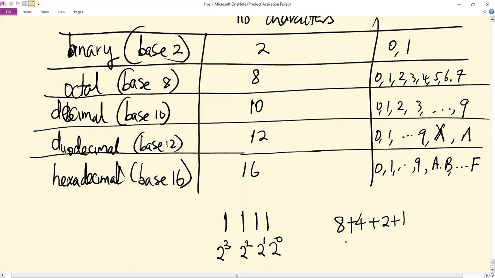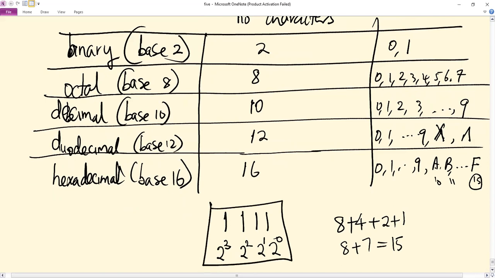So this gives us 8 plus 4 plus 2 plus 1, which is 15. And in hexadecimal, A represents 10, B represents 11, and F represents 15. So that is the maximum. That's why a bit string of length 4 can fit into a hexadecimal representation.